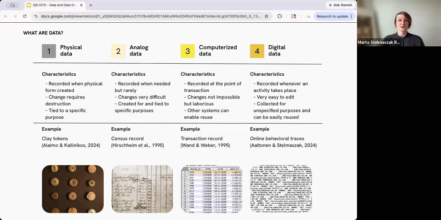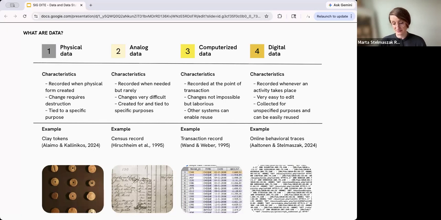So we can say that there are some characteristics that are different. They are recorded whenever an activity takes place. They are very easy to edit in the sense of adding another column to the database schema, collecting another piece of data, and so on. And they are often collected for unspecified purposes and can be very easily reused and put to other uses.